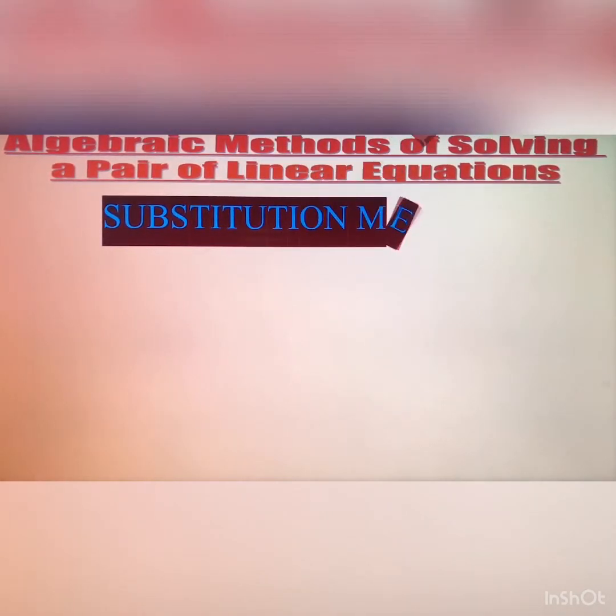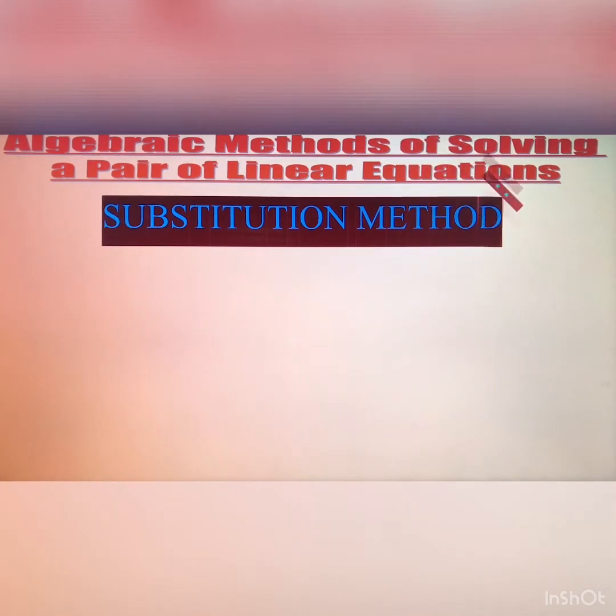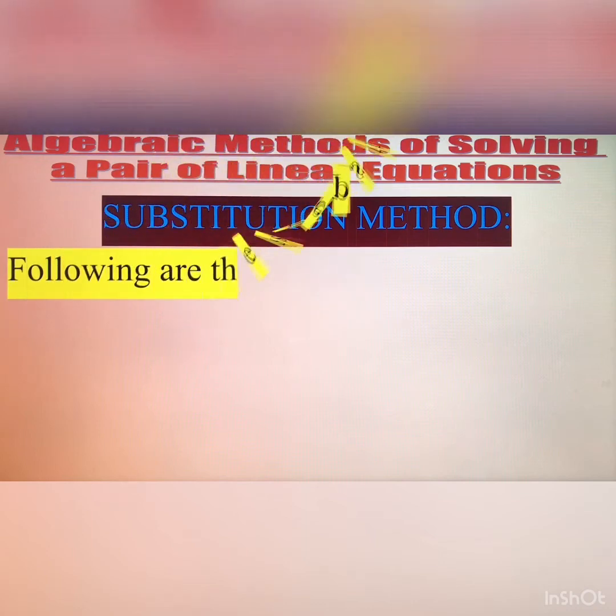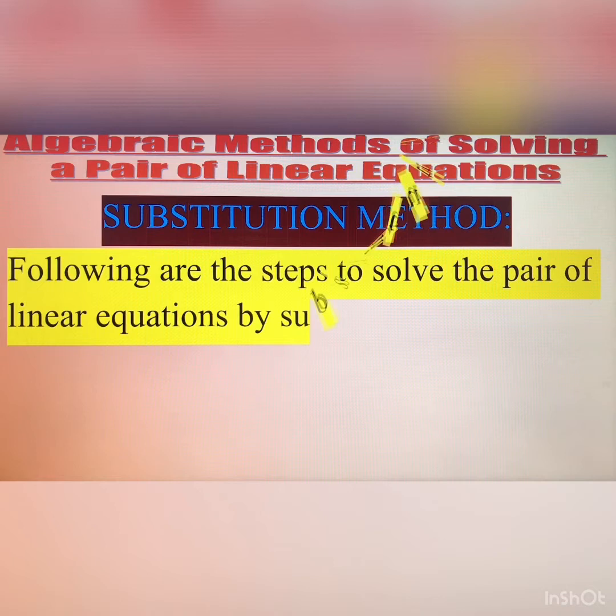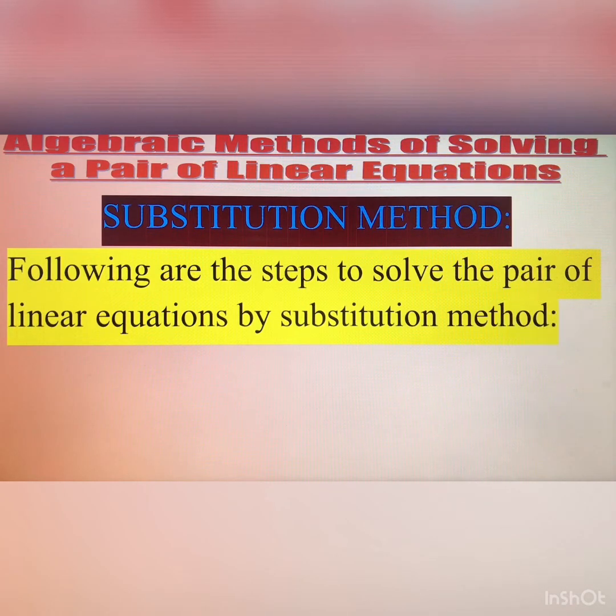There are three methods by which we can solve the system by the algebraic method. First one is the substitution method. So dear, how can you understand this substitution method? Following are the steps to solve a pair of linear equations by the substitution method.